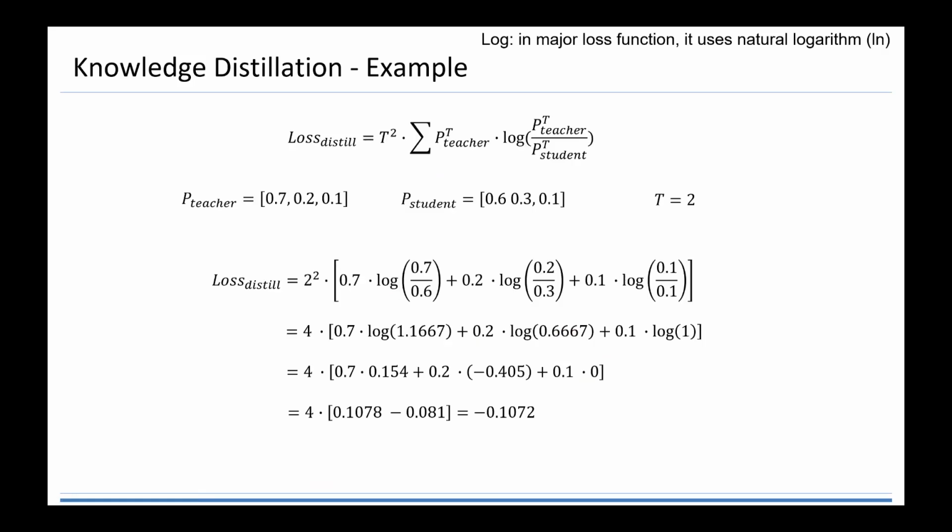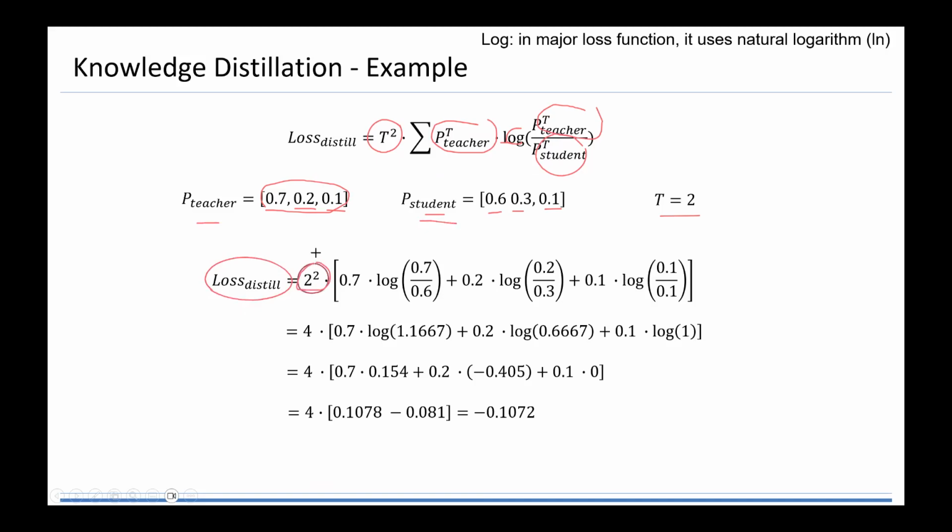So we have T, which is the temperature. Given the values, P teacher is 0.7, 0.2, 0.1, and P student is 0.6, 0.3, and 0.1, with T equals 2. So we can just embed the values.